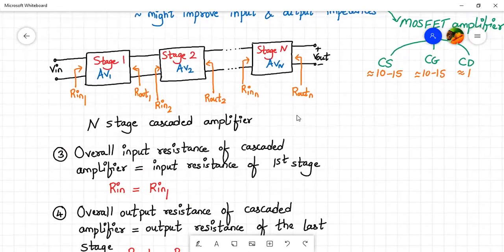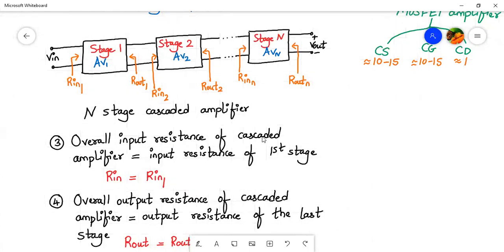If you want to find the overall resistance of a cascaded amplifier, remember this is a concept which we are studying. The overall input resistance of a cascaded amplifier is equal to the input resistance of the first stage, right? So let's say you have two amplifiers connected in cascade, and you're supposed to find the input resistance of the entire cascade.